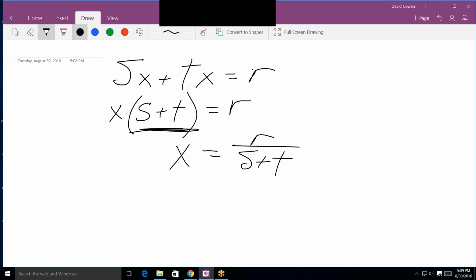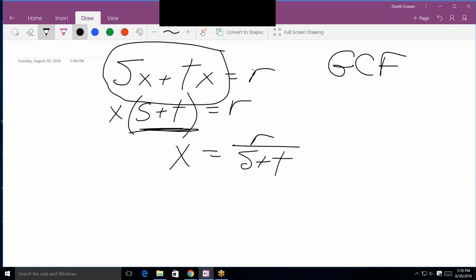But the process of factoring is the important process here, and that usually begins by figuring out the greatest common factor. Well, it's x. So the very first thing I do is take out an x, and then I divide both terms by the x to figure out what's left. And that's s plus t.